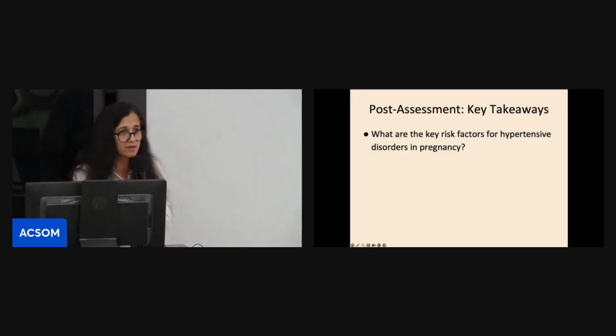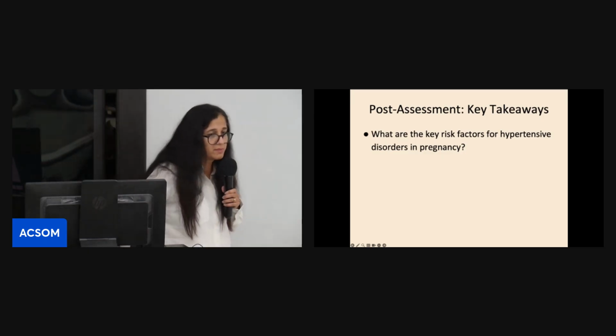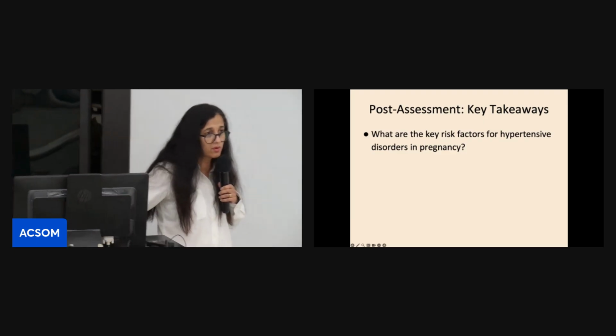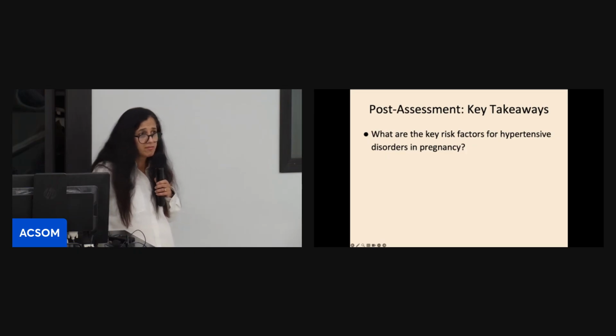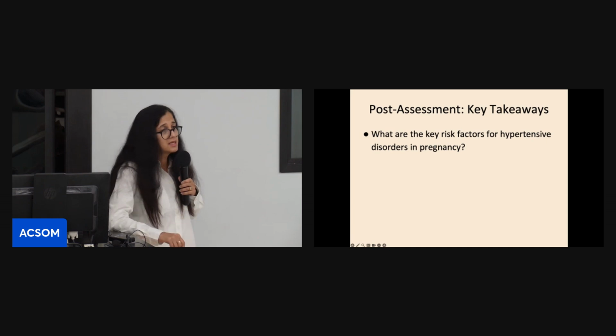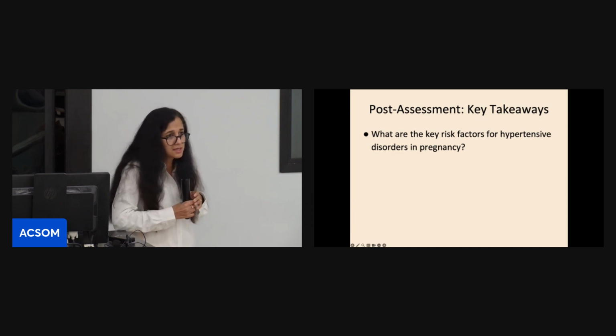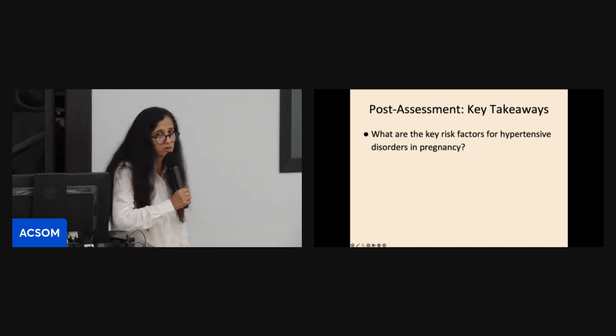If they've had a previous hypertensive pregnancy, or they're chronically hypertensive, they're at risk. Anybody else? Yeah, probably stress and things like that contribute to high blood pressure, probably more on the chronic side. But if you have chronic or gestational hypertension, you're at risk for preeclampsia.